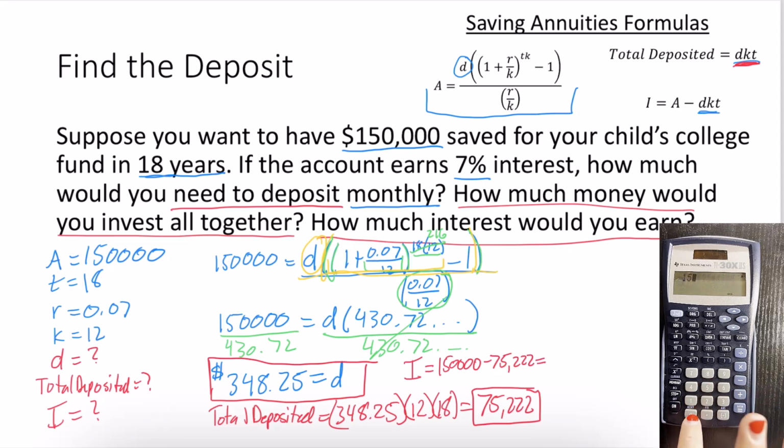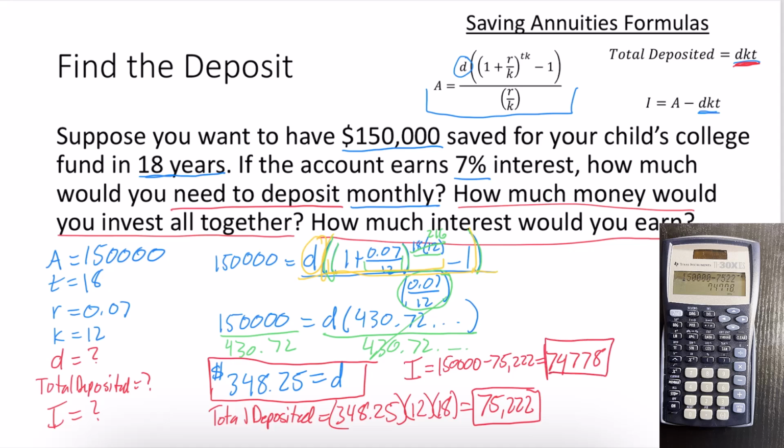So if I type that into my calculator, I can say 150,000 minus 75222, because that number wasn't rounded. That was just the amount that I put in. And that would give me $74,778. So that would be the amount of interest that I would earn.